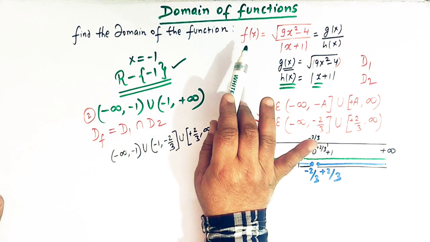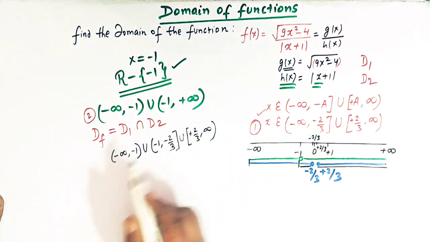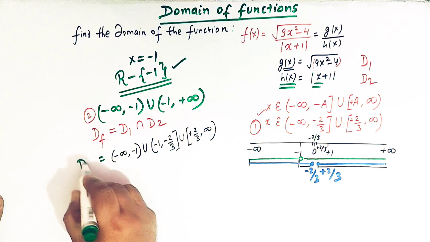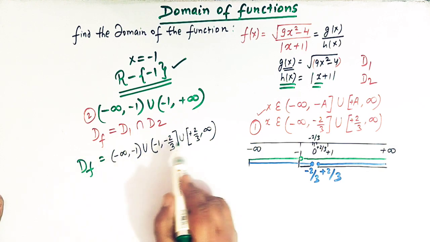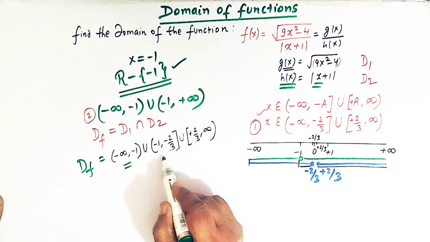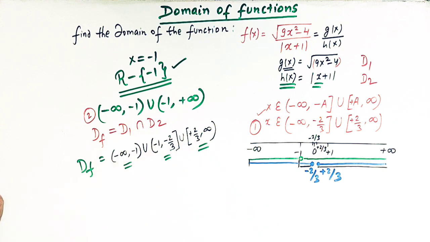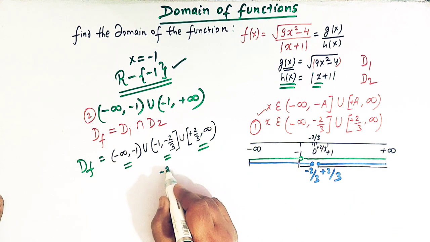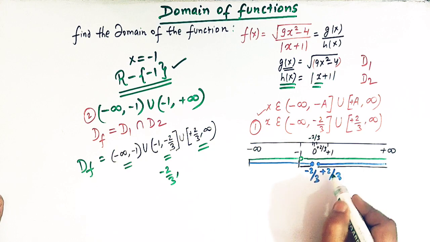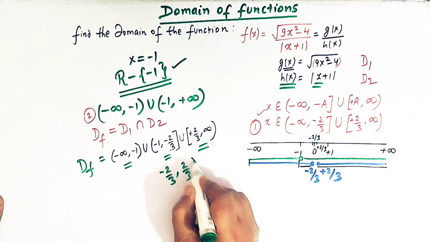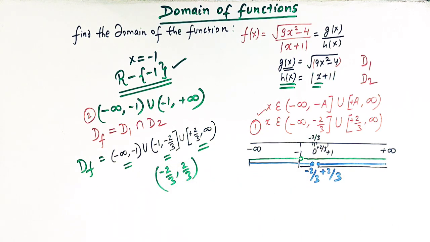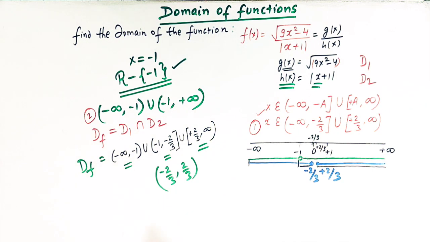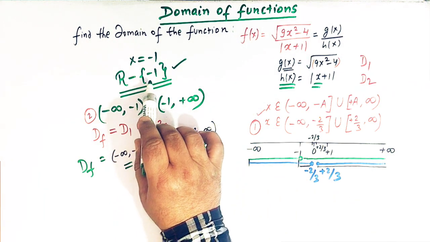So viewers, the final domain of this function f of x is given by the union of these three intervals. And remember, the region from minus 2 by 3 to 2 by 3 is excluded, and obviously minus 1 is also excluded.